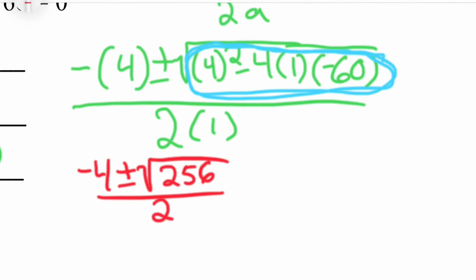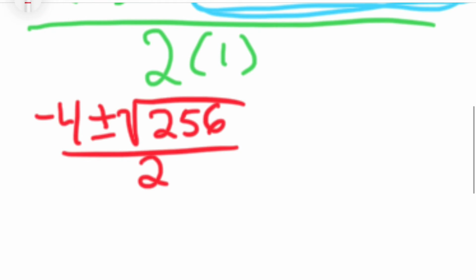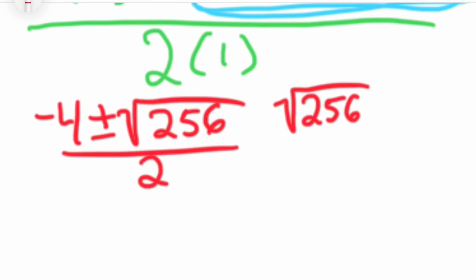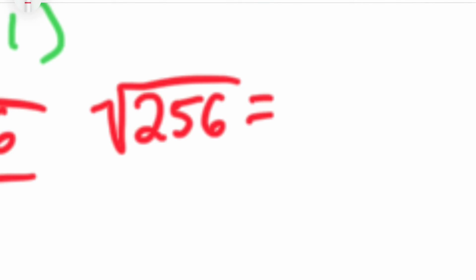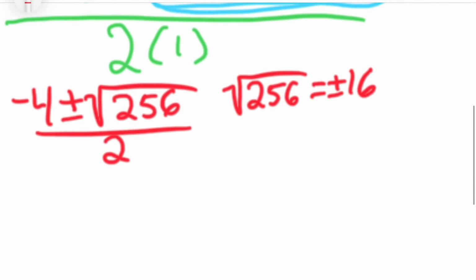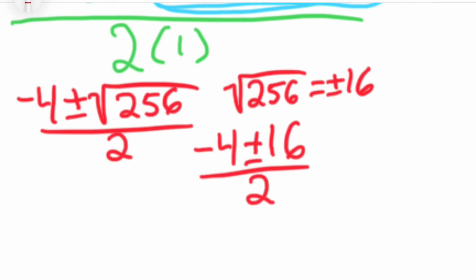So now I want to simplify as far as I can. You can always check when simplifying the square root to see if it will come out as a whole number with your calculator. So the square root of 256 is plus or minus 16. So that means we can go ahead and simplify to negative 4 plus or minus 16 all over 2.